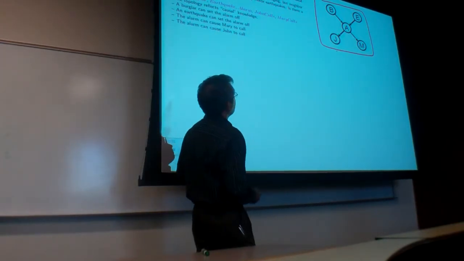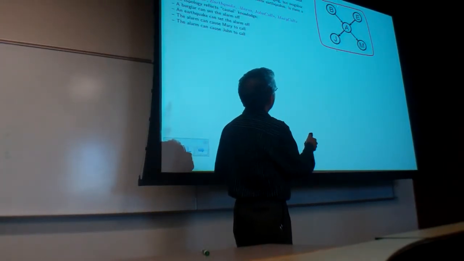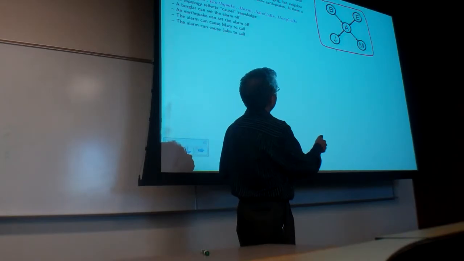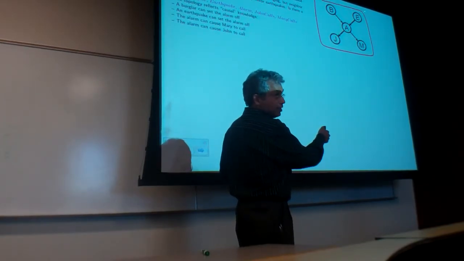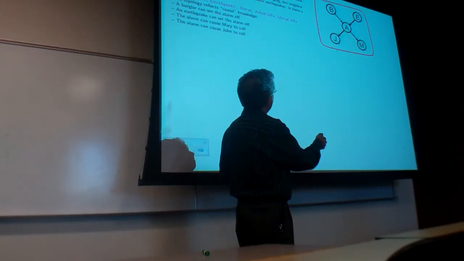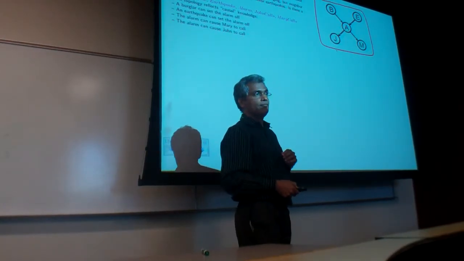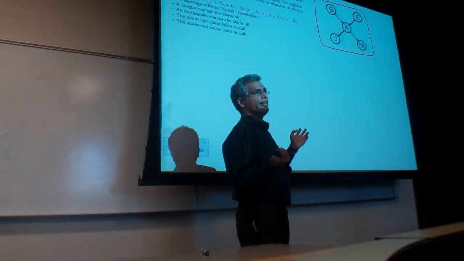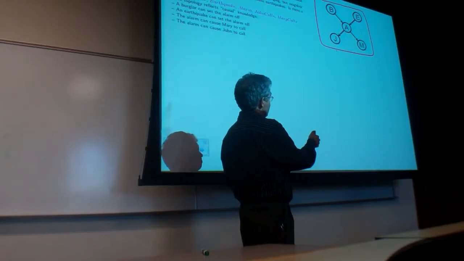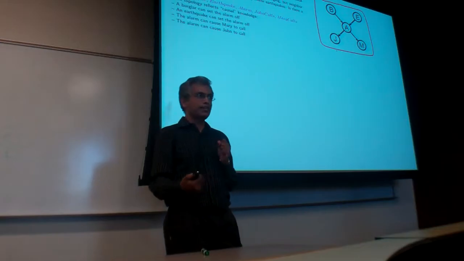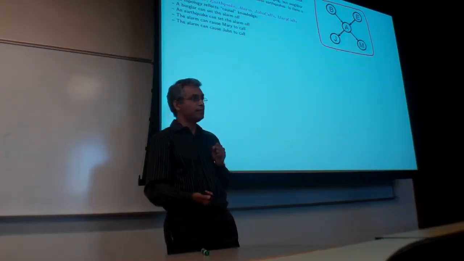So what would you need to give? You need to give a prior distribution for B, a prior distribution for E, a distribution of A given B and E, a distribution of J given A, and a distribution of M given A. If you do that, you will be done. If I didn't do that, normally I would have required 32 numbers, because there are 5 Boolean variables.